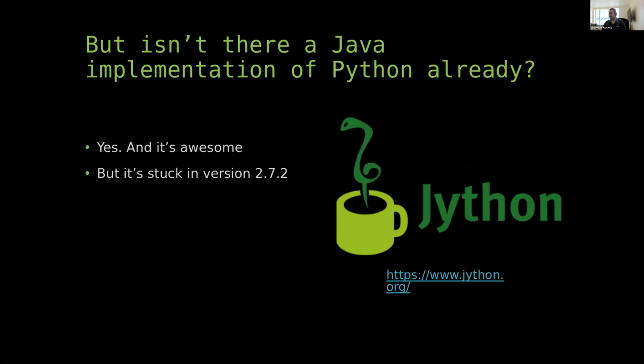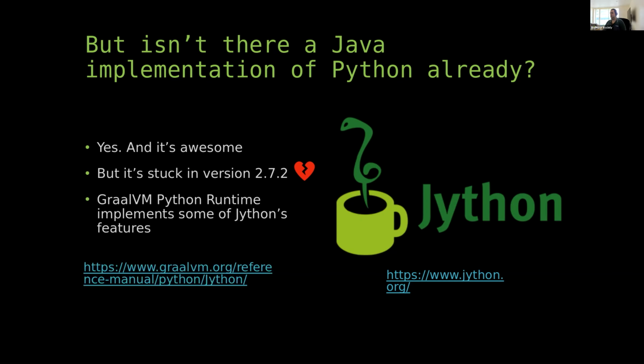The problem is that it is stuck in version 2.7.2 of Python forever, and there's no support for Python 2 anymore. So yeah, I love Jython, but I don't know how this will work. GraalVM isn't at the same level of maturity with Python that Jython was, but it is trying to backport some of the features that Jython implemented already.